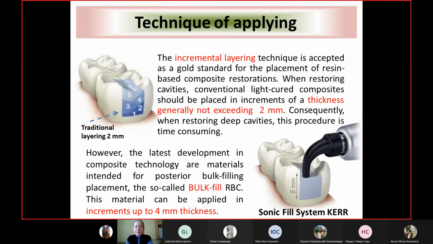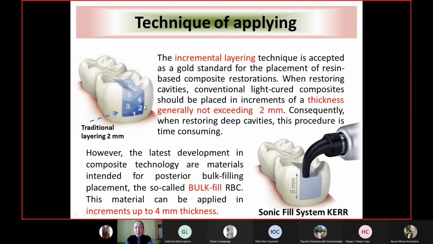Technique of applying. The incremental layering technique is accepted as the gold standard for the placement of resin-based composite restorations. When restoring cavities, conventional light cured composites should be placed in increments of thickness generally not exceeding 2 millimeters, so very thin layers, layer by layer, trying to catch only a few walls, not putting the material on opposite walls.